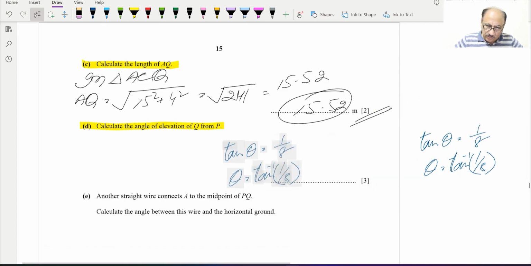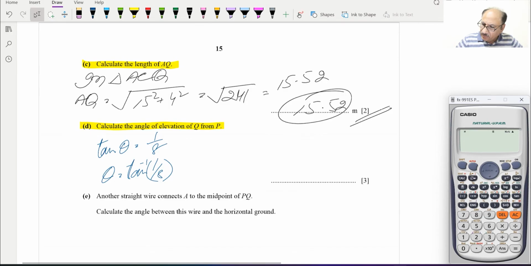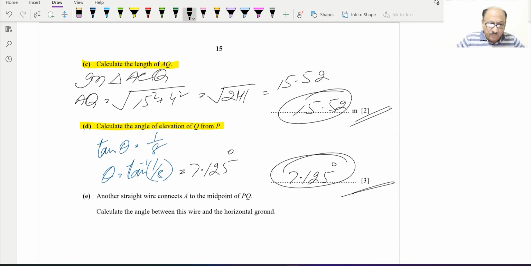This will be the value which we need to calculate: shift tan of 1 over 8 and bracket close, and this is equal to 7.125 degrees. This will be the angle of elevation, which is required for 3 marks.